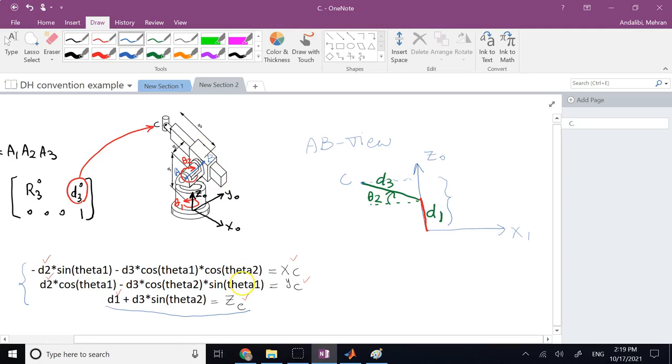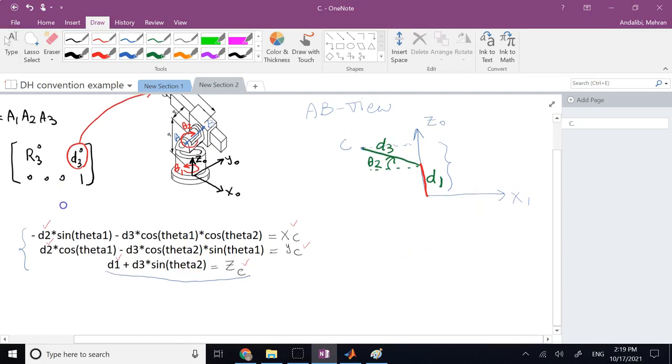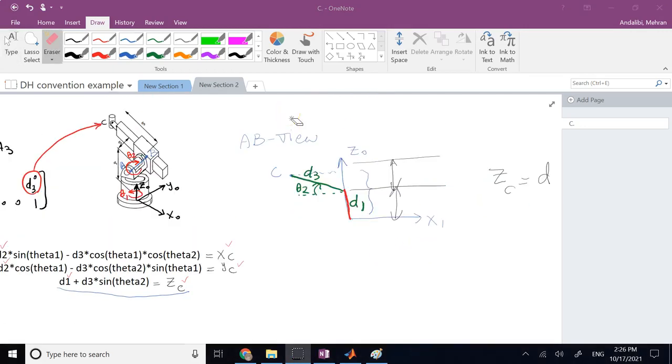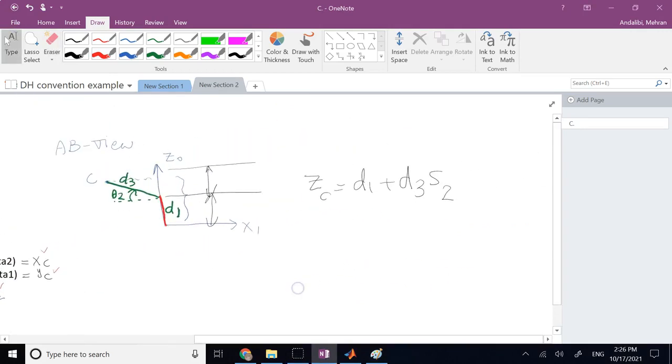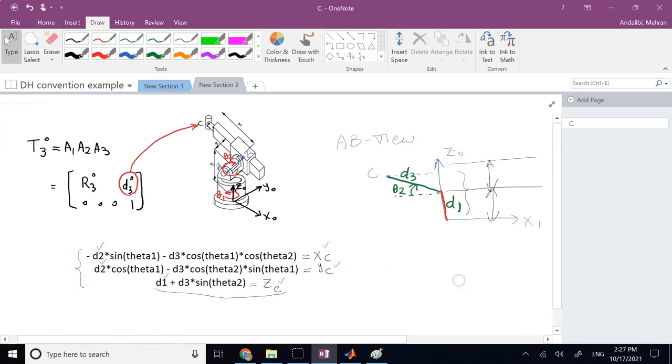And this one as well, it's d3 times, again, theta 1. But this time you also have theta 2 involved. So the other view that you can clearly have is the top view. By the way, I have added for you these two projections and the summation of the two vertical projections, which give you z of c, and that matches the formula that we have.